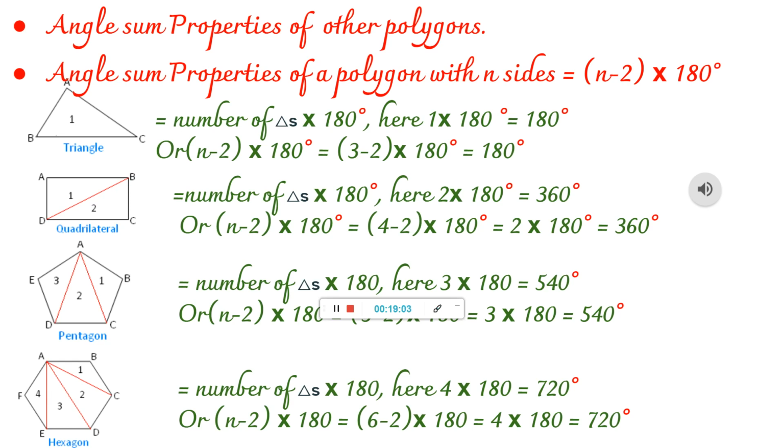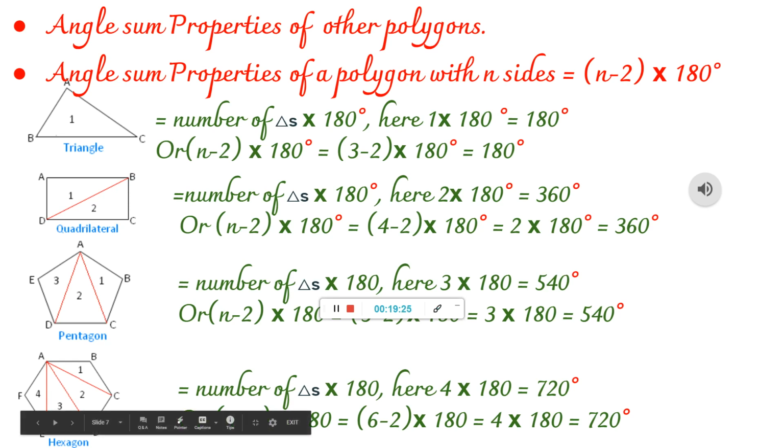So what do we observe from this trend? A polygon with 3 sides has one triangle and therefore its angle sum would be 180 degree. A polygon with 4 sides has 2 triangles. A polygon with 5 sides has 3 triangles.